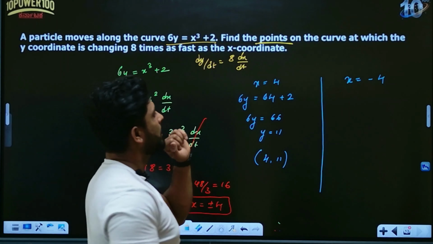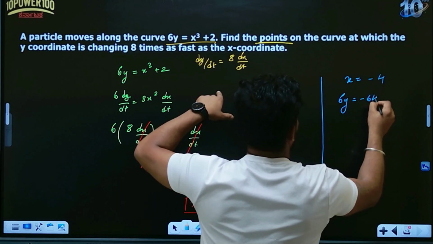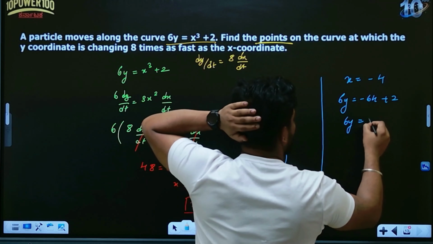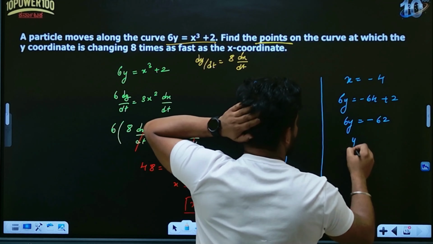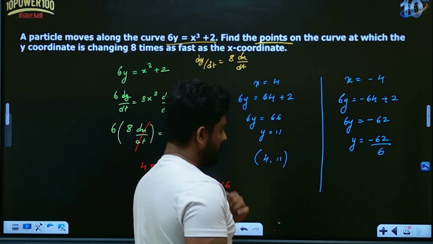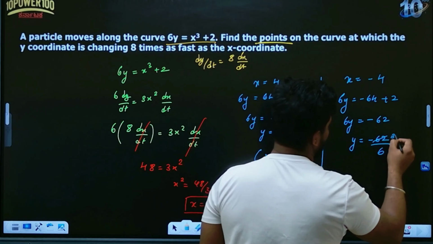Now second point ತಗೊಳ್ಳೋಣ. So second point ಅಂದರೆ, so 6y is equal to -64 plus 2 ಅಲ್ವಾ ಮಕ್ಕಳೇ. ಸೊ 6y is equal to -62. ಸೊ y is equal to -62 divided by 6. ಸೊ ಎಷ್ಟಾಗುತ್ತೆ, 31, 2 3s.